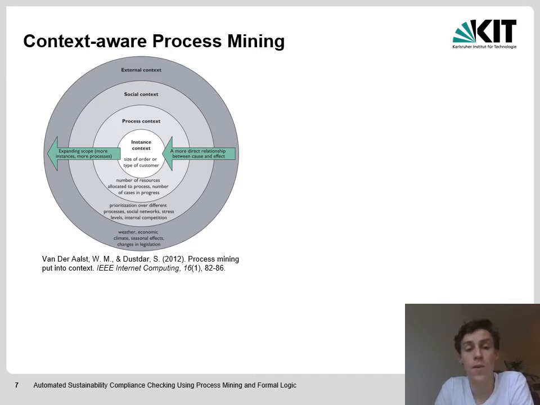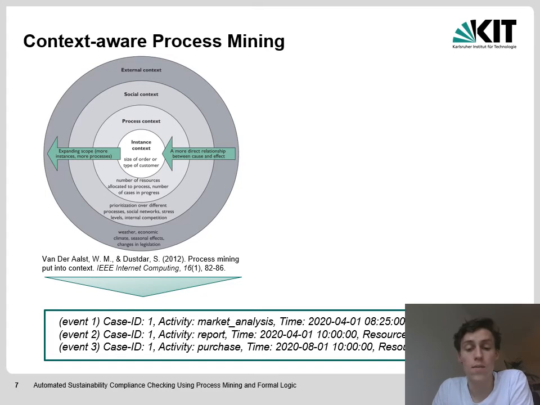They define, for example, the instance context, then the process context, social context, and other external context. So this is to demonstrate that there are different layers of information that we need to take into account for the compliance checking.